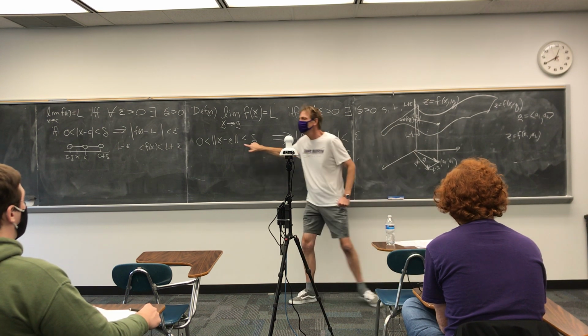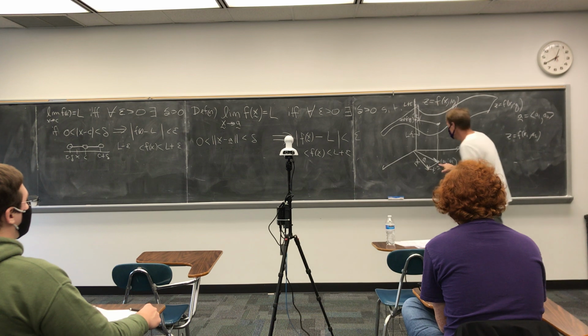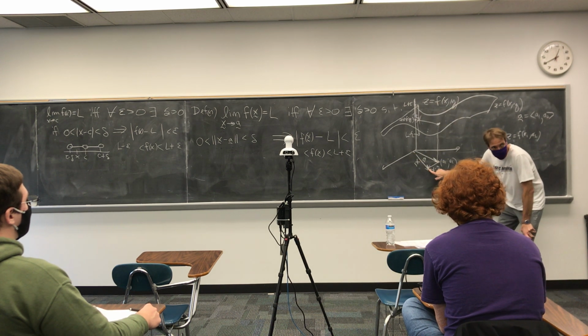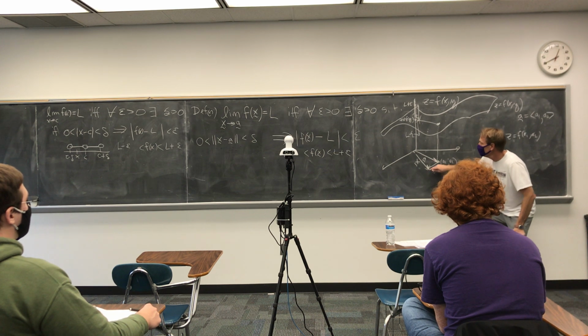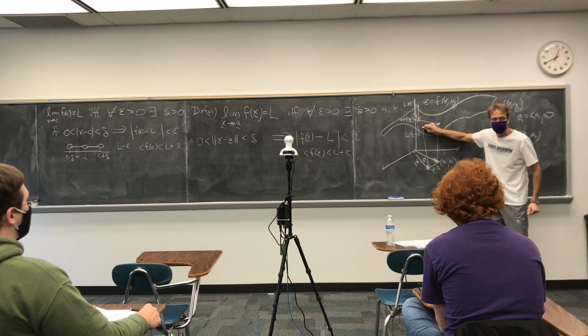I've got to pick a delta so that if my x is a point where the distance is less than delta, the corresponding value f of x must be caught, if we're using baseball analogies, because the Dodgers just won and the Rays just lost.